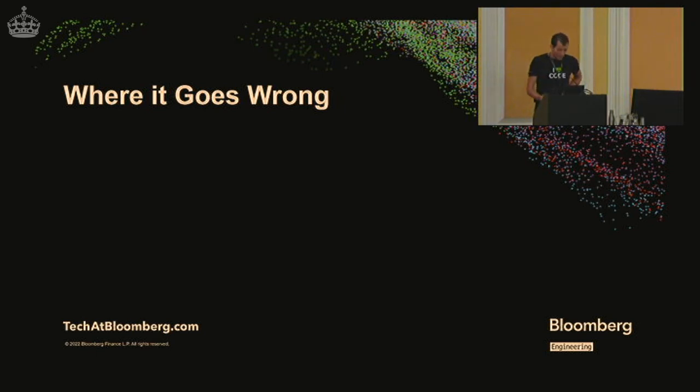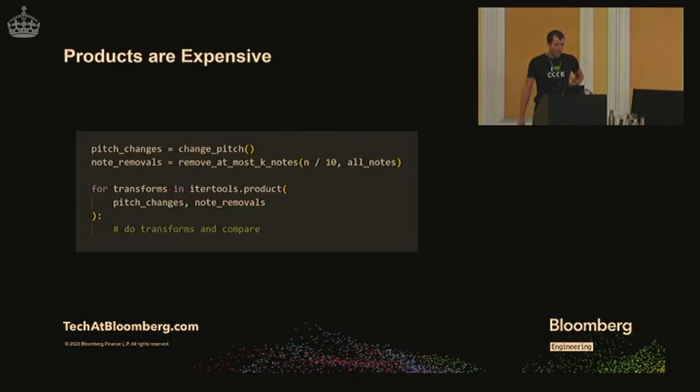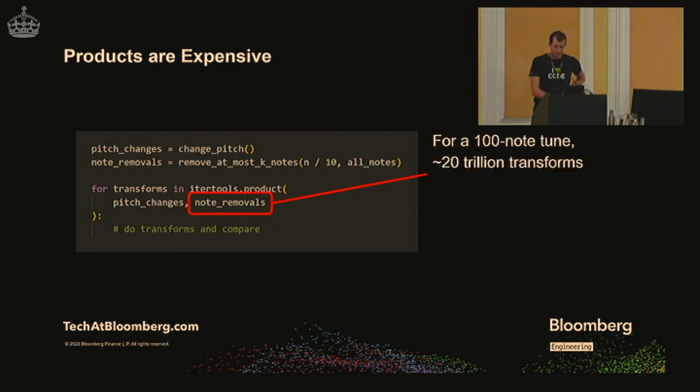A lot of you might know already what the problem is, and that is that products are expensive. We're not getting that memory saving we expected. The note removals can actually get quite big. Combinations, n choose k, can get quite a big number.